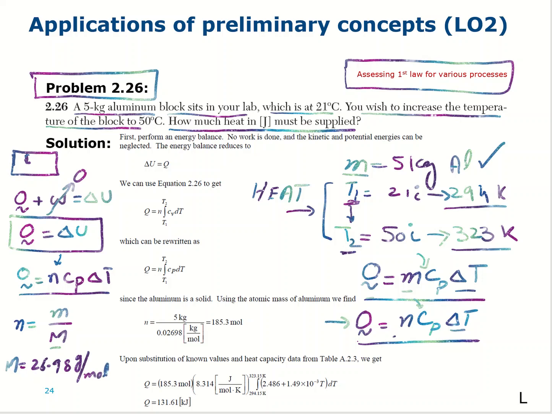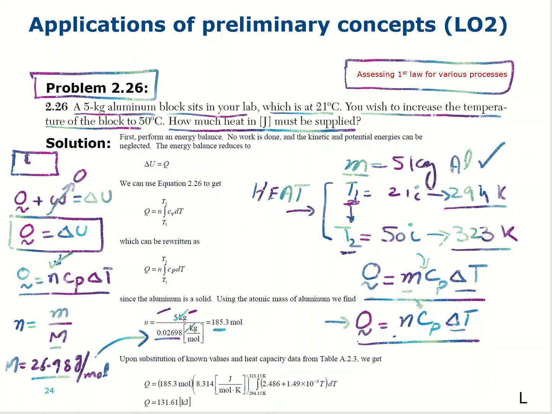Now if we convert this into kilogram per mole, it becomes 0.02698, right? So that's why it's a conversion, because we have mass in kilograms. So we have mass, which is 5 kilogram, and molecular weight after converting gram per mole into kilogram per mole. We get number of moles because kilogram cancels, so we get moles, right? So that means n is done.